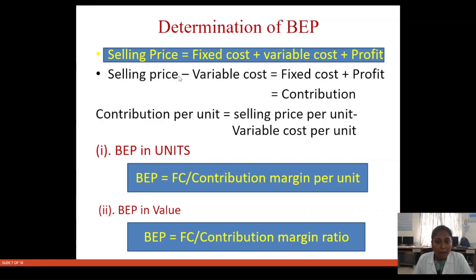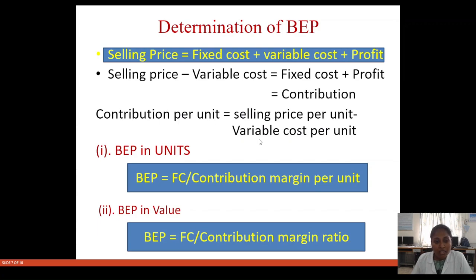And the selling price minus the variable cost will give us the fixed cost plus profit, which is equal to contribution. So contribution can be determined by subtracting the variable cost from the selling price. Next comes the contribution per unit, which is equal to the selling price per unit minus the variable cost per unit. So per unit or per sales will be the same for all formulas.